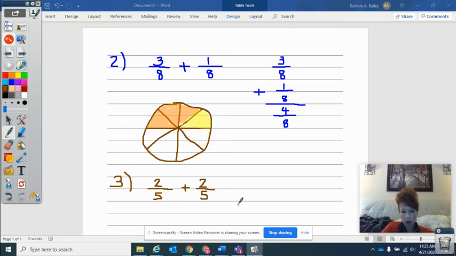Okay, so I've written it horizontally. I want you to rewrite it vertically, get your answer, pause the video, and come back and check it. So I have 2/5 plus 2/5. We have a like denominator, so we don't need to find any sort of equivalent fractions or find a like denominator. It already has a like denominator.